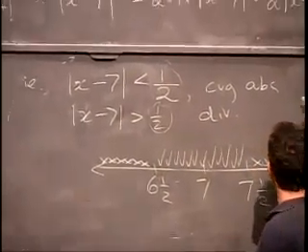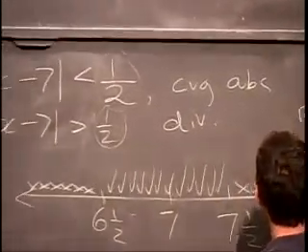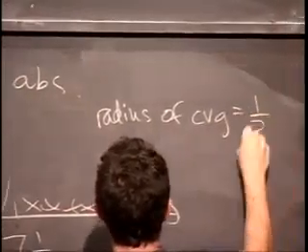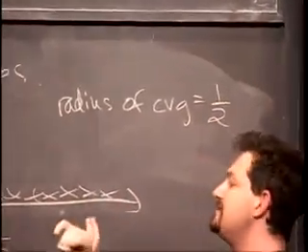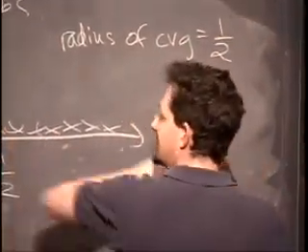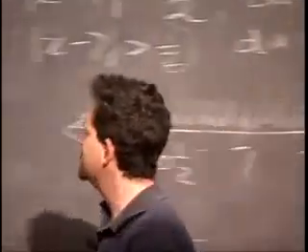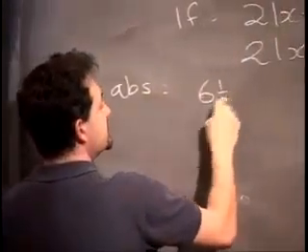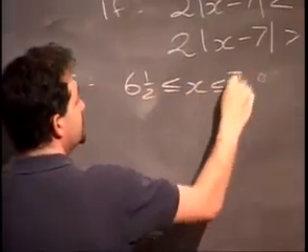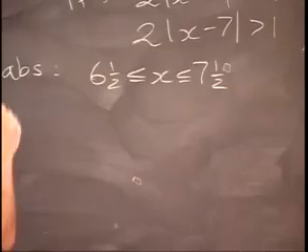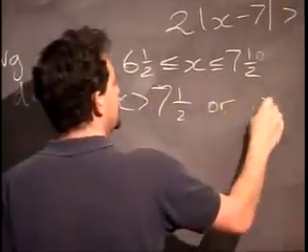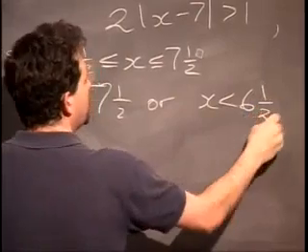So the radius of convergence is 1/2, and we know that the series diverges to the right of 7.5 or to the left of 6.5 and converges absolutely in between. Converges absolutely for 6.5 less than x less than 7.5, and it diverges for x greater than 7.5 or x less than 6.5.